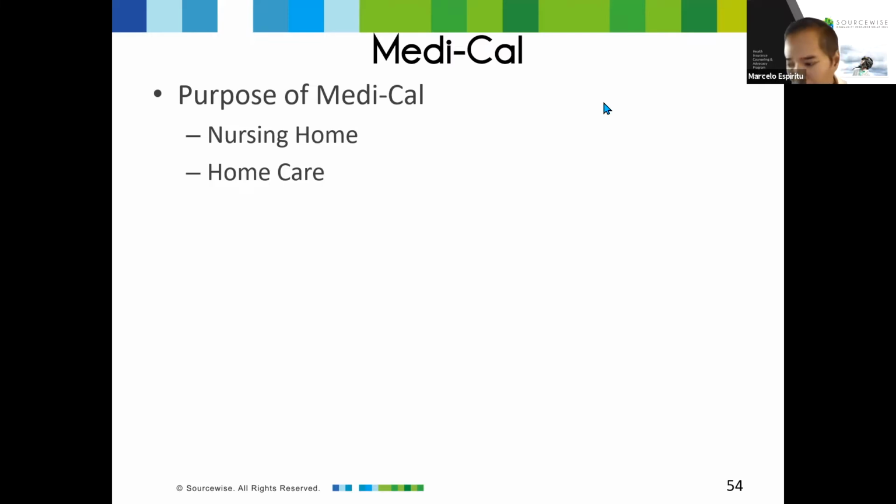When it comes to a couple, there are provisions called spousal impoverishment rules that can apply. So if one spouse needs nursing home level of care, while the community spouse doesn't, then the amounts are much higher. For example, the community spouse can actually keep all of their income in their name.